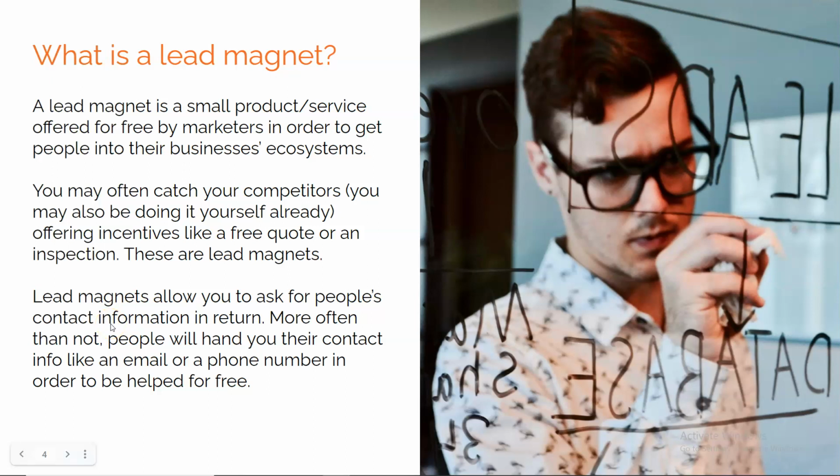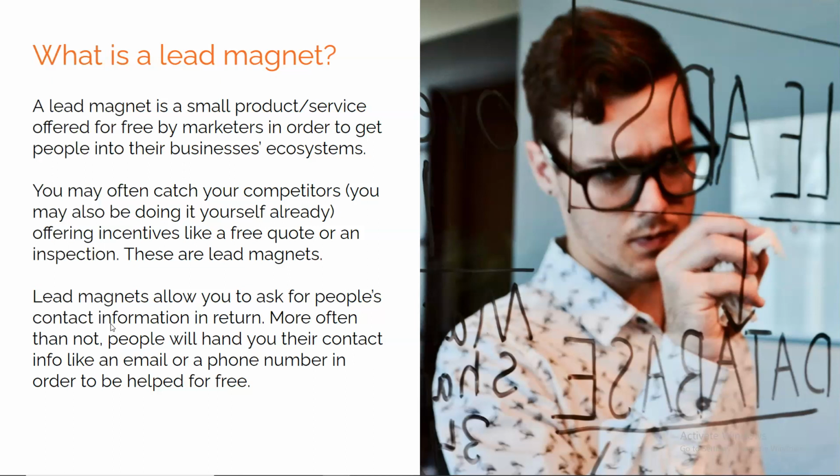A lead magnet is a small product or service offered for free by marketers in order to get people into their business's ecosystem. The goal of a lead magnet is not to sell right away. The goal is to attract people and get their contact information, phone numbers, or email address. In most cases it's an email address, but phone numbers can also be used.